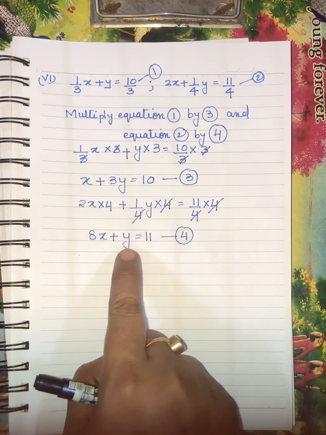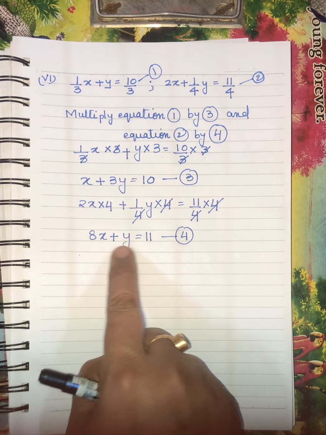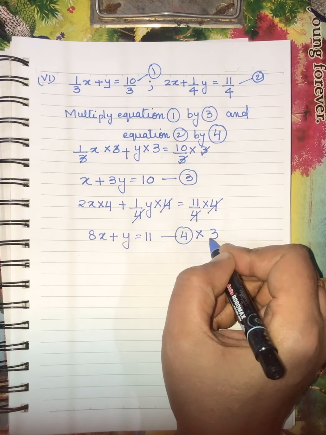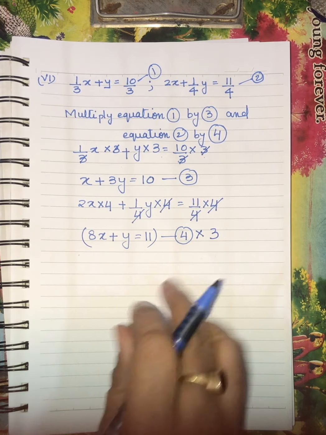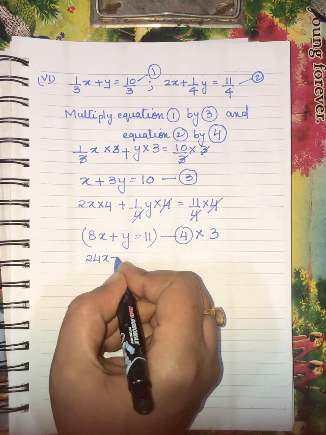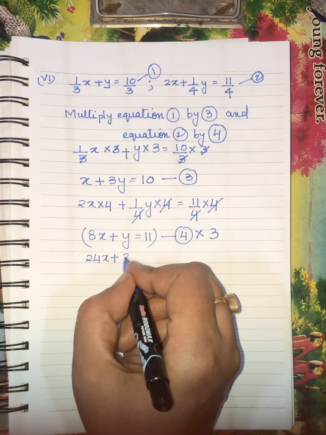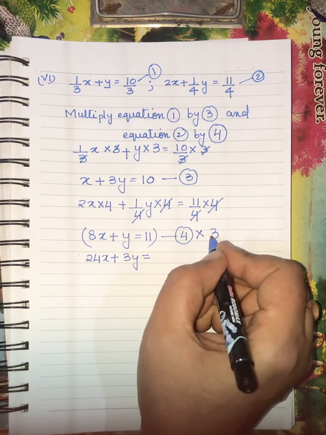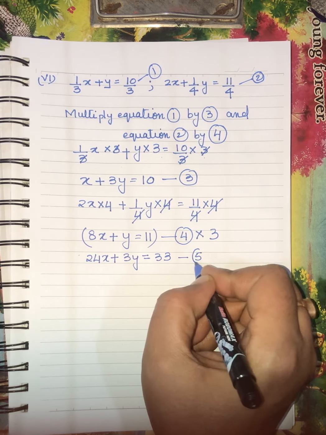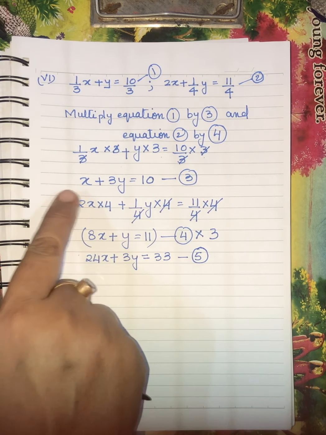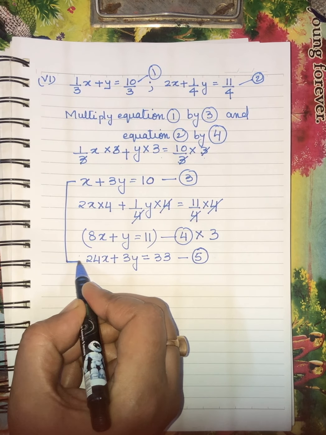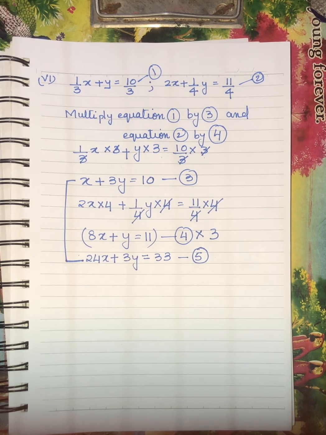Here it is 3y. So let us multiply equation 4 by 3. So multiply entire equation by 3. What do you get? 3 8s are 24x plus 3 into y is 3y is equal to 3 into 11 is 33. You got equation 5. Now see, equation 3 and equation 5 we have to solve.